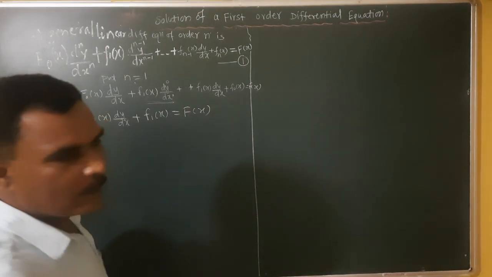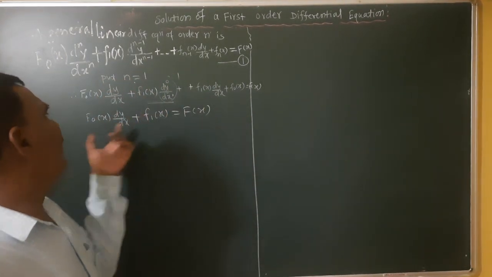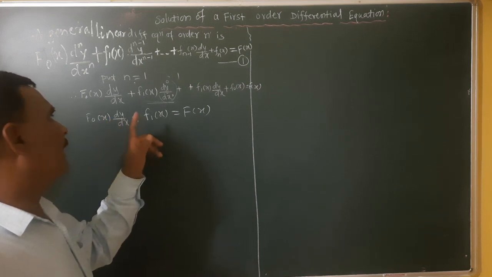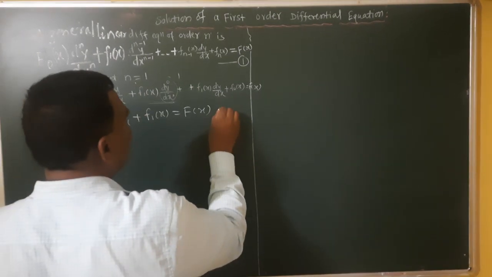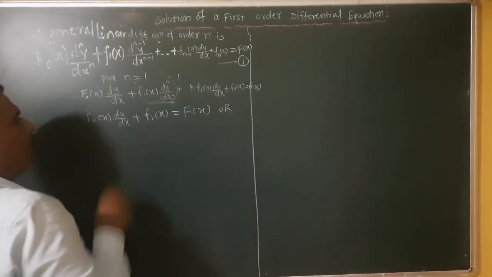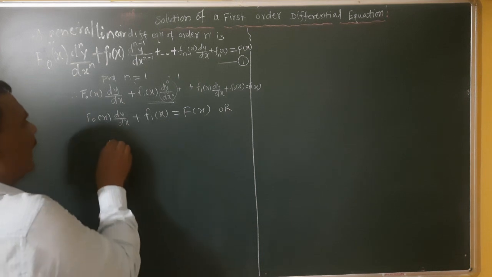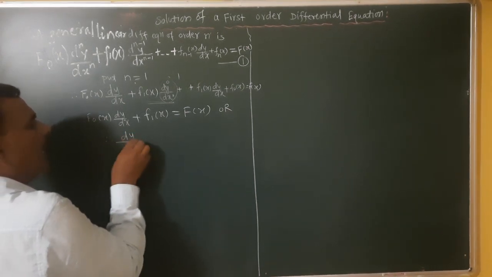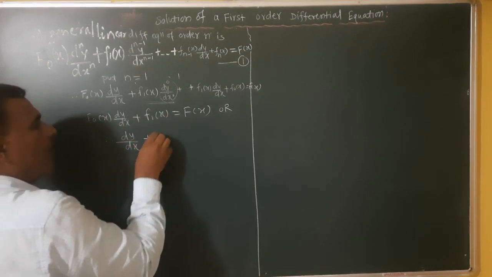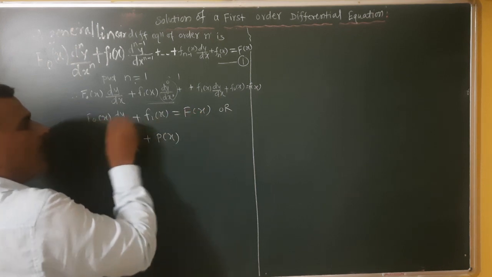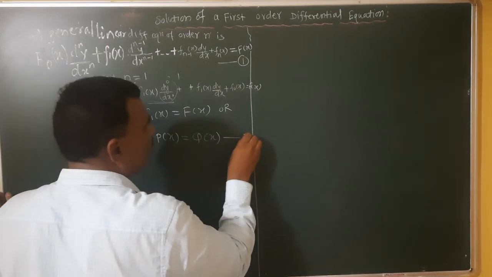Or this can be written by dividing all the terms by f0, so we get dy by dx plus f1 of x upon f0 of x, which is considered as p of x, and f of x divided by f0 of x is considered as q of x. This is equation number 2.